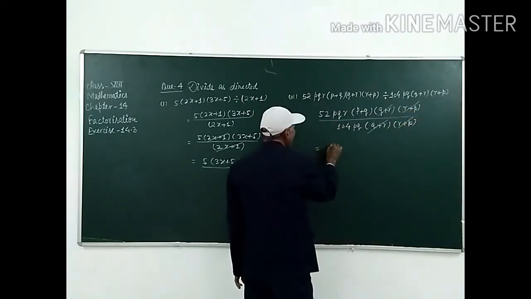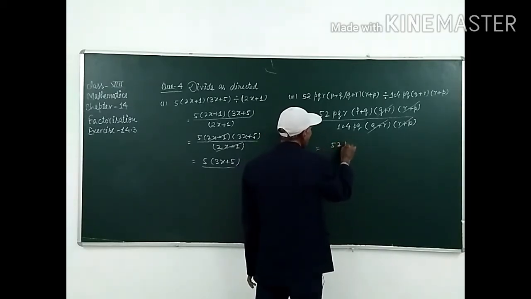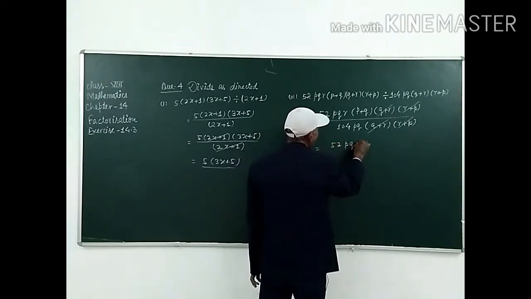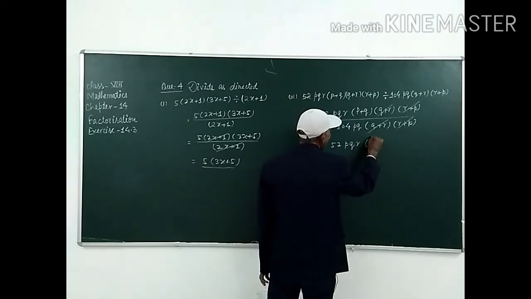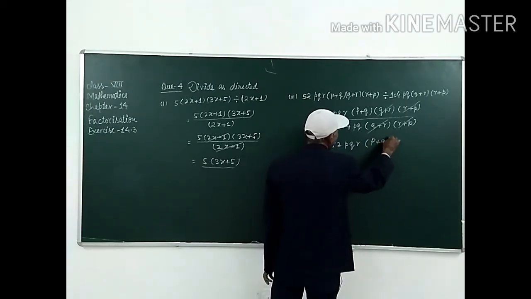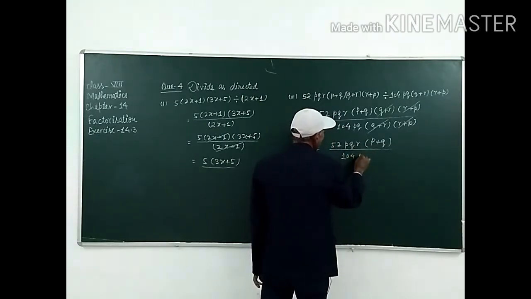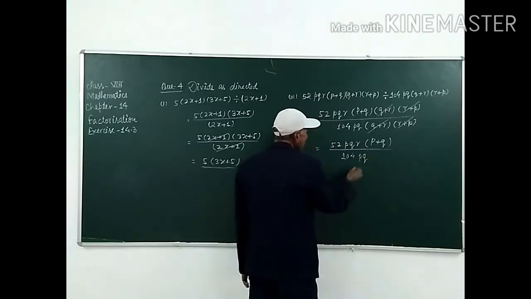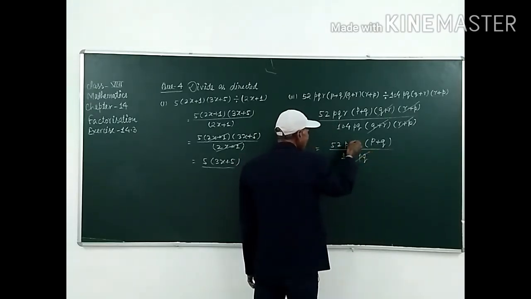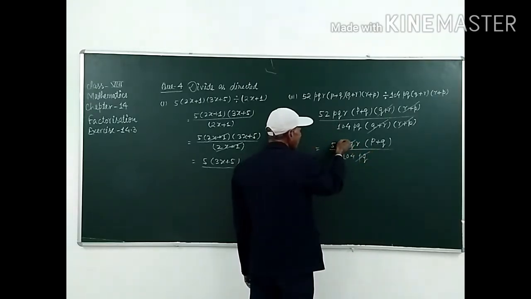So it will be 52 PQR into P plus Q, and the denominator will be 104 PQ. So again this PQ divided by this PQ.